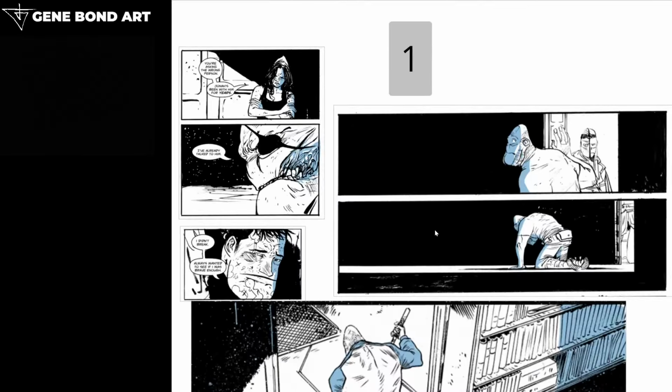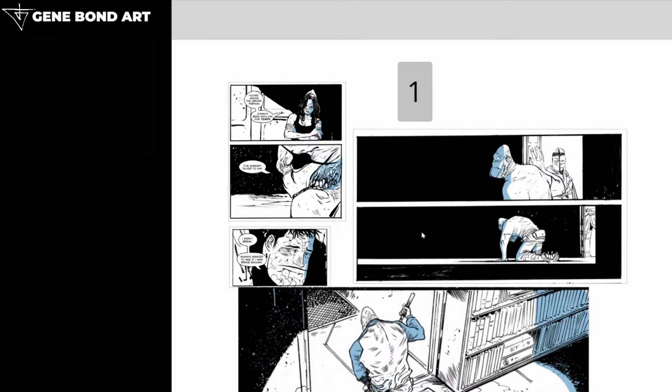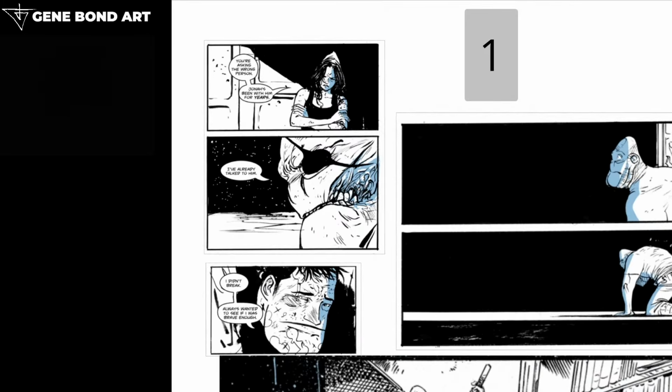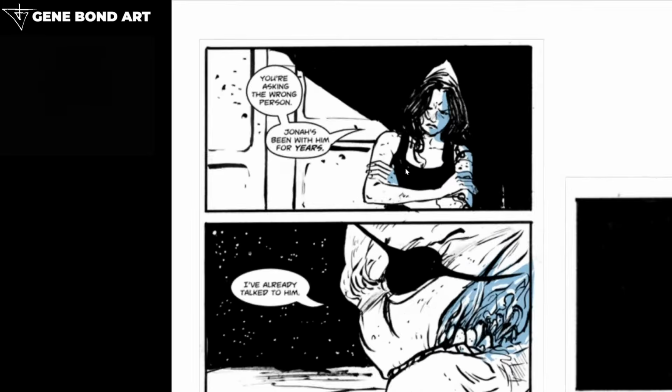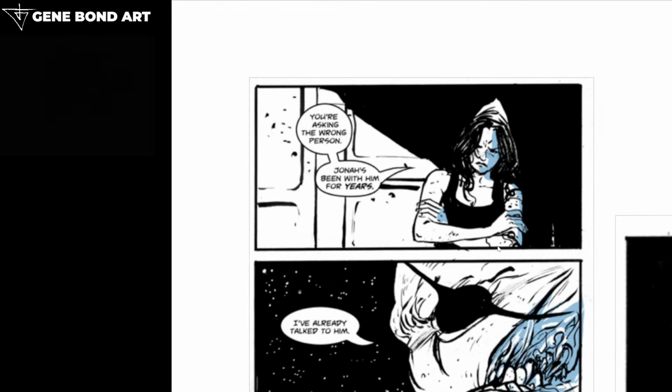Then I find from Daniel Warren Johnson, not every frame, but what I like to keep, where he shows one character. So you see we have a close-up, about her waist cut.